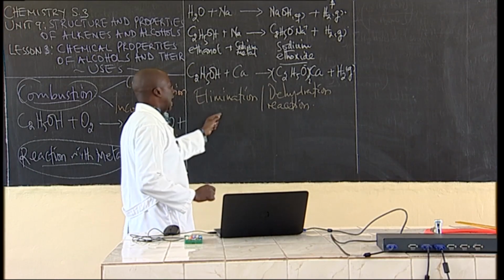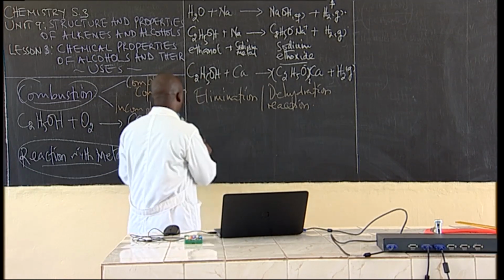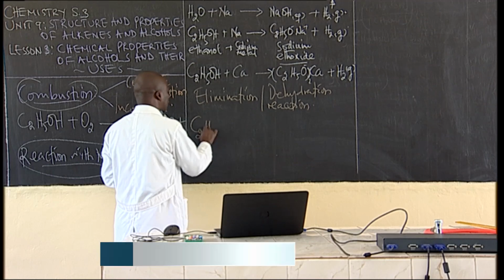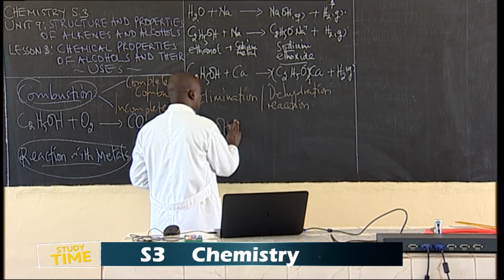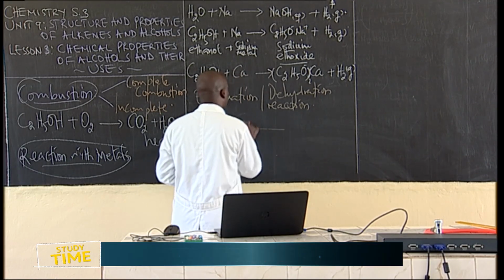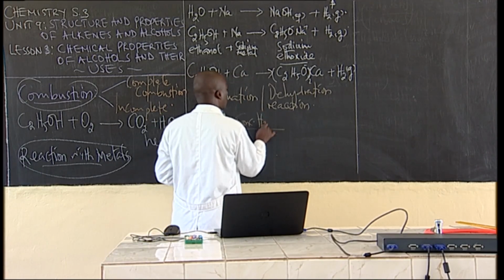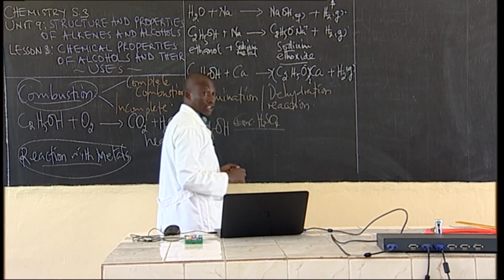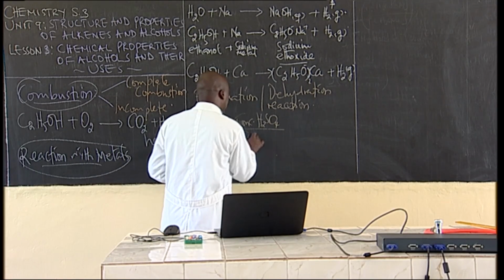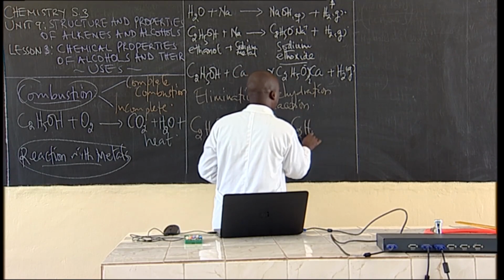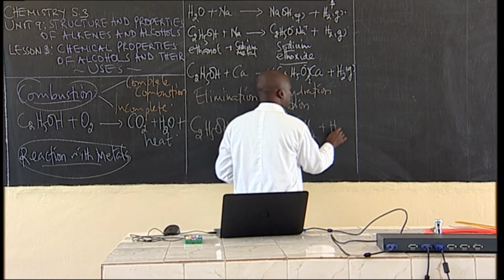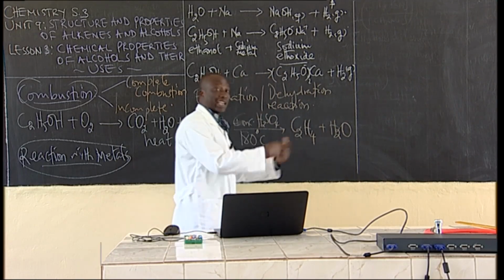So this is called an elimination reaction, whereby ethanol will react with concentrated sulfuric acid. We can just put it on the top here with concentrated sulfuric acid. At 180 degrees Celsius, this will form ethene molecules plus the water. So water is eliminated.